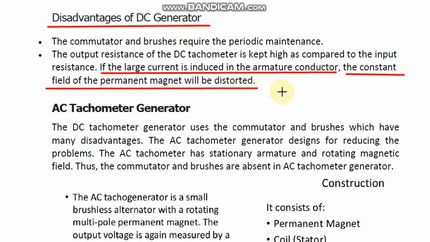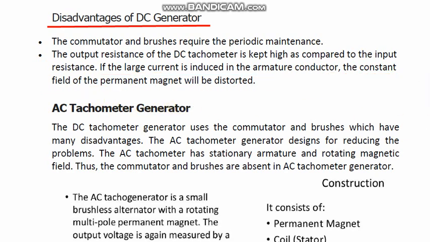This is the biggest disadvantage of the DC tacho generator. To avoid these problems, we will study the AC tachometer generator.